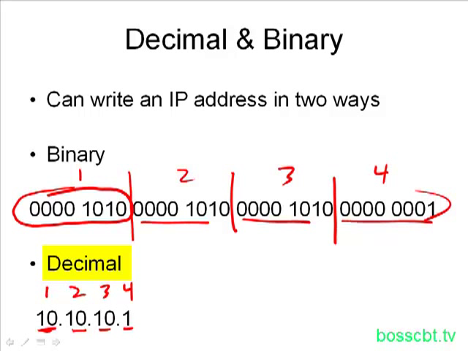Okay, so you can see the decimal approach, the dotted decimal notation, is very simple. You can grasp the value of each octet immediately, whereas in binary you have to look at it and you have to know your binary to decimal conversion pretty quickly in order to figure that out. So obviously decimal is the most commonly used format. Each octet can be a range of numbers, and that range is 0 to a maximum of 255.